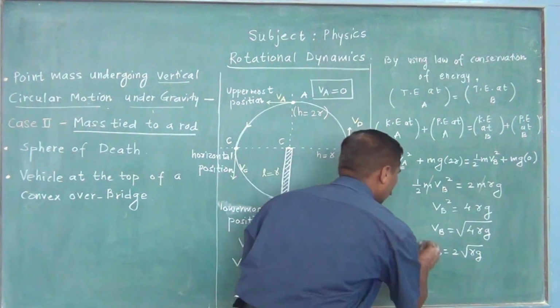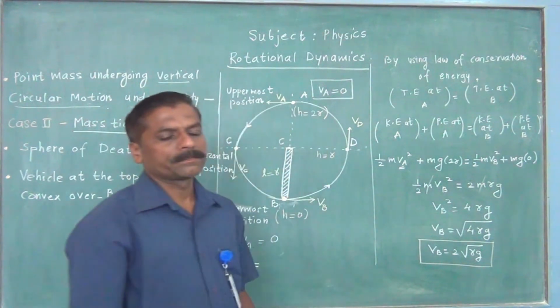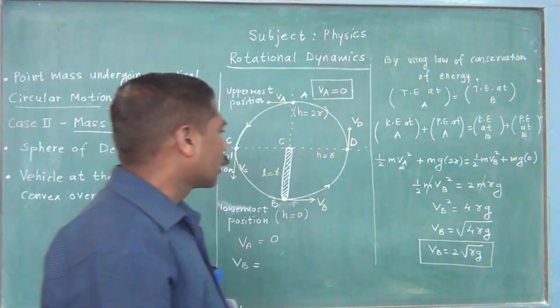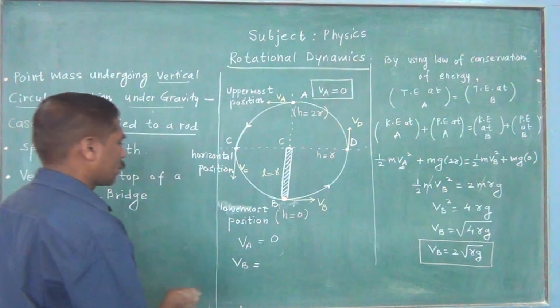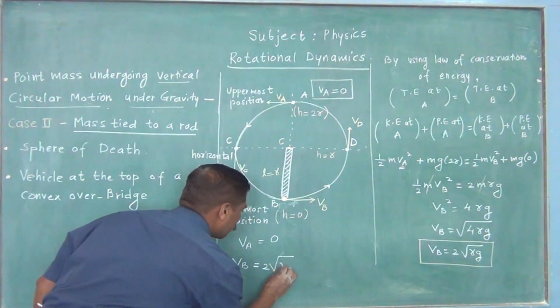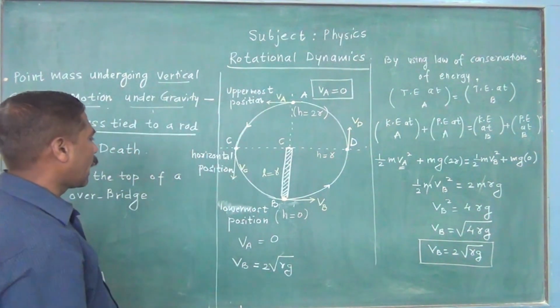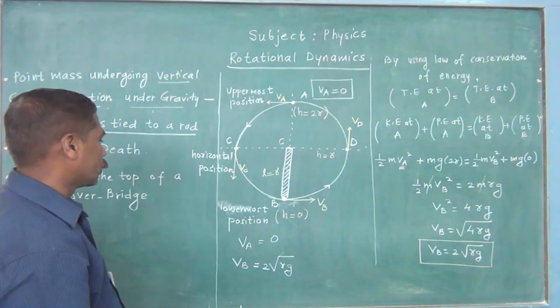So this is one very important relation for the velocity at the lowermost position. In case of the rod, this equation gives you the linear velocity at the lowermost position.